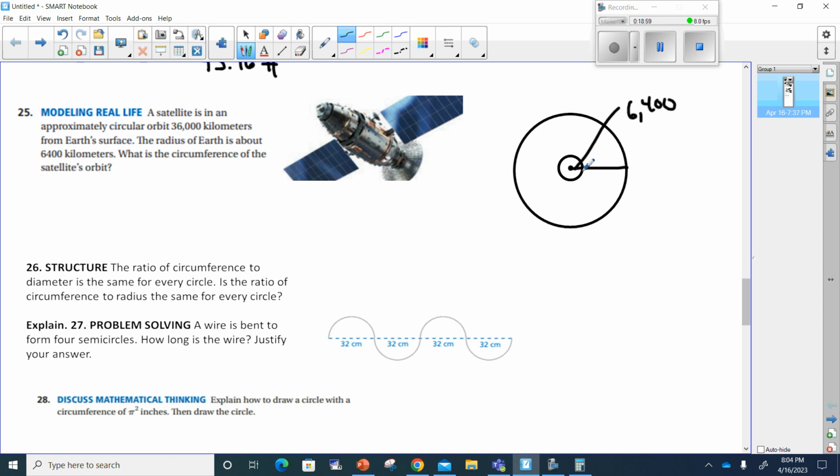Then from this point to here is another 36,000. I'm not talking about from the center of the Earth all the way, but from here to here. If we add these two together and then multiply by 2, we're going to get what it is all the way across, and that matches the diameter.